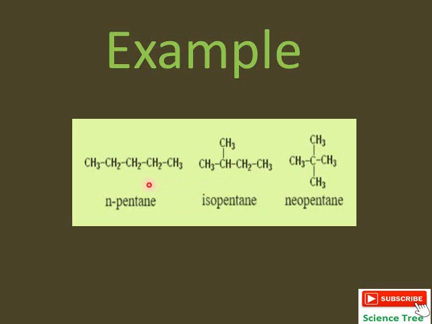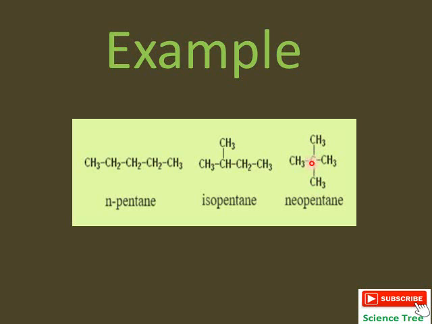Now again, pentane can change its structure with the same 5 carbon atoms. Now here we have the parent chain of 3 carbon atoms, 1, 2 and 3, while the second carbon atom is branched by 2 carbons, one on the top and the other on the bottom.